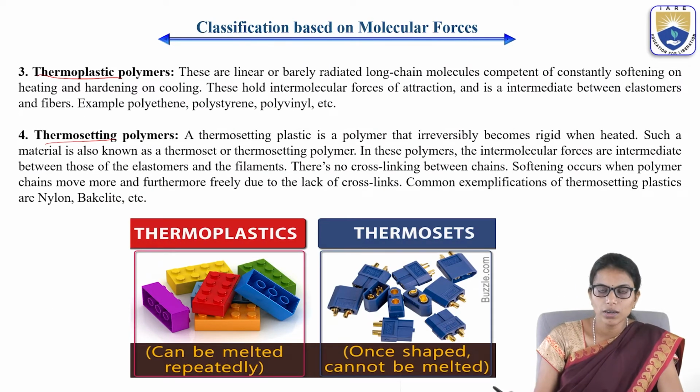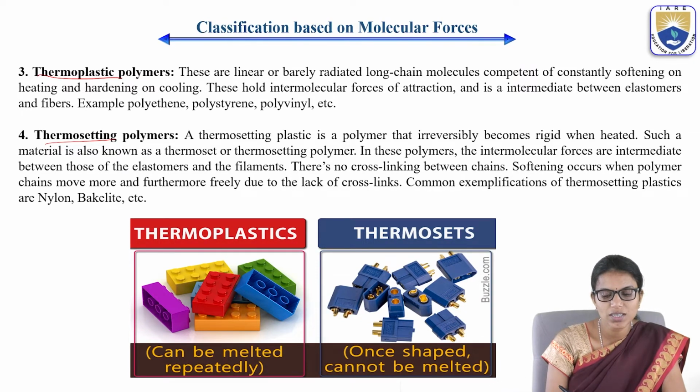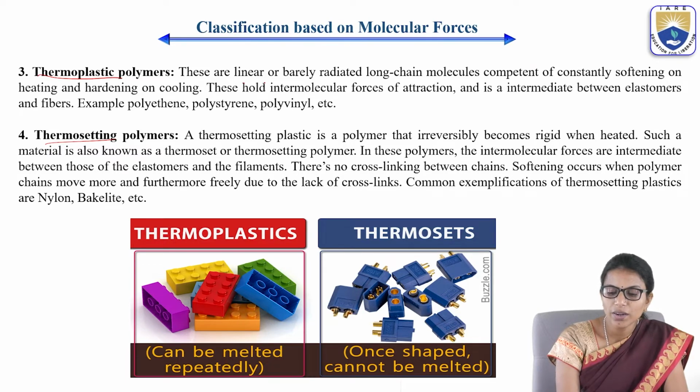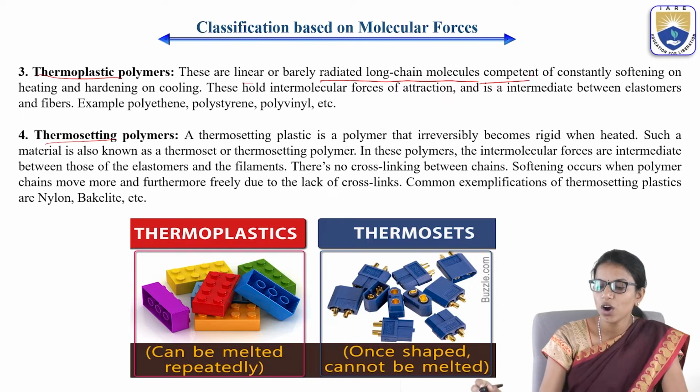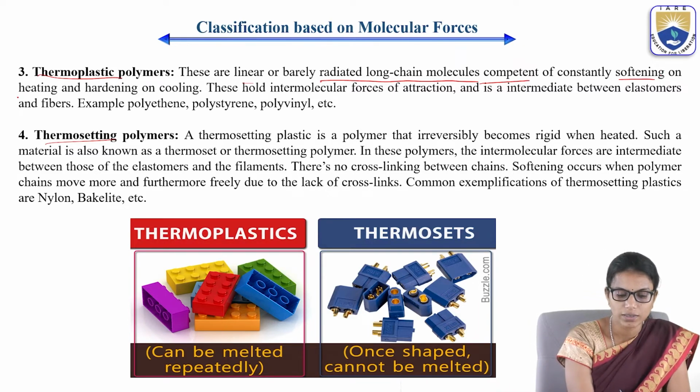Now, last class, as part of the molecular forces classification, we covered thermoplastic and thermosetting plastics. Thermoplastics are linear and slightly branched long chain molecules that constantly soften on heating and harden on cooling.